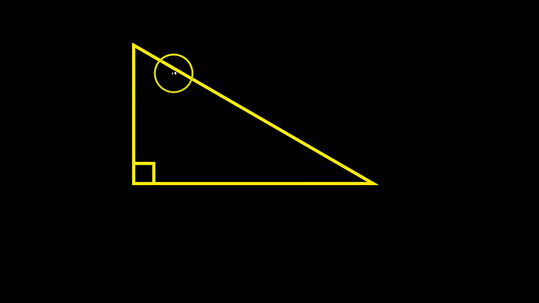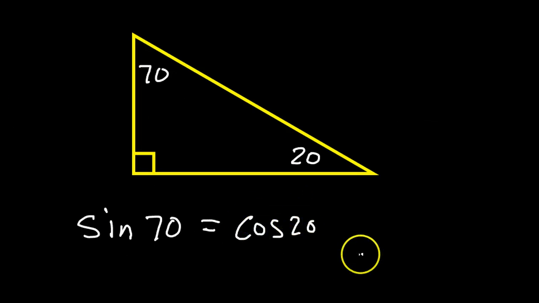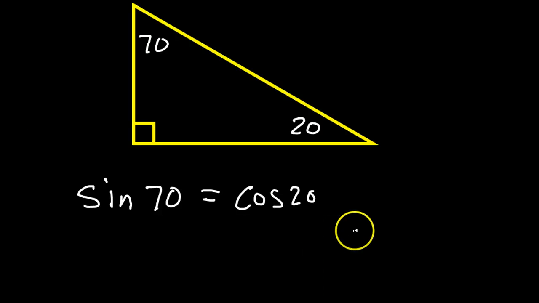Now, let me convince you of the following. Let's go back to this. Say this is 20 degrees and this is 70 degrees. Sine and cosine. What if I told you that the sine of 70 degrees is going to always equal the cosine of 20 degrees?